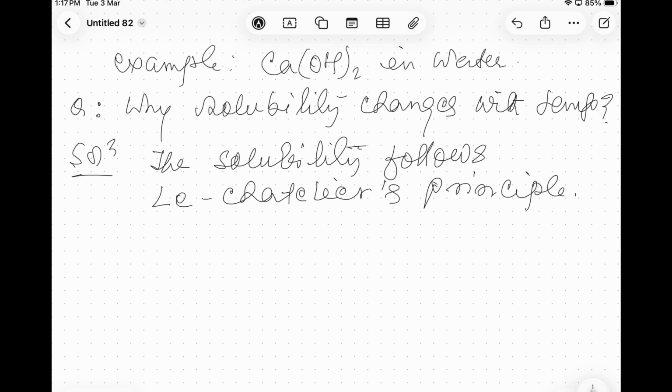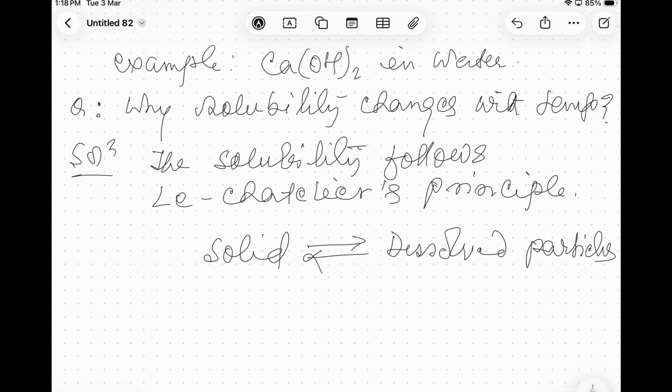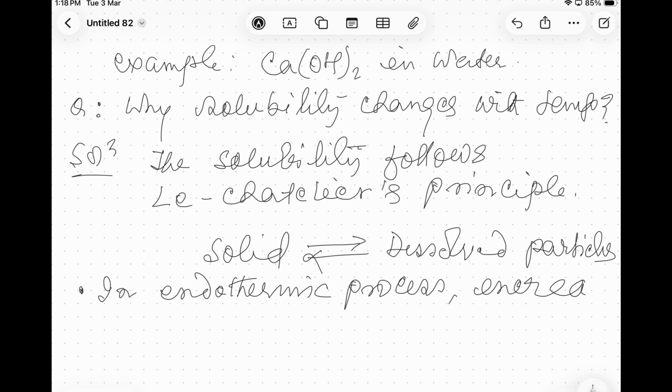That means if dissolution, let us take equilibrium equation, solid dissolved particle, if the process is endothermic, that means during endothermic process, increasing temperature increases solubility.